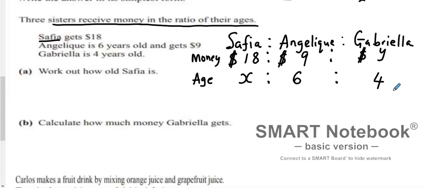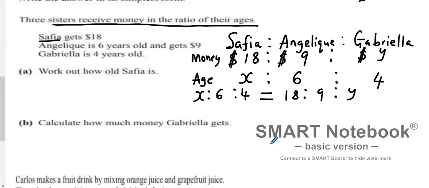So when I write the age in ratio form, I have X : 6 : 4. The ratio of their ages, X : 6 : 4, should be equal to the ratio of their money, 18 : 9 : Y.